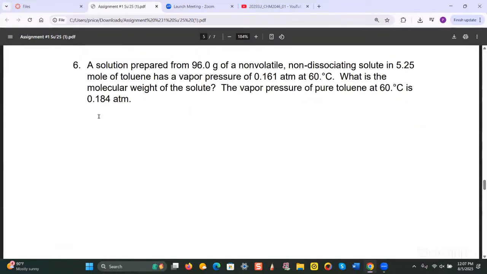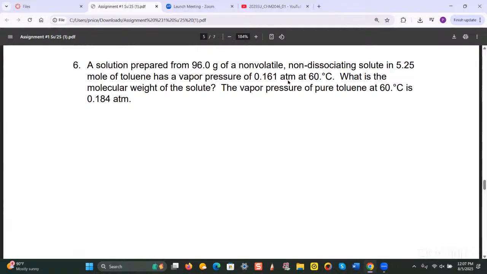Okay, so this question says a solution is prepared from 96.0 grams of a non-volatile, non-dissociating solute in 5.25 moles of toluene and has a vapor pressure of 0.161 atmosphere. What is the molecular weight of the solute? And the vapor pressure of the pure toluene is given at 60 degrees, which is 0.184 atmospheres, all right?